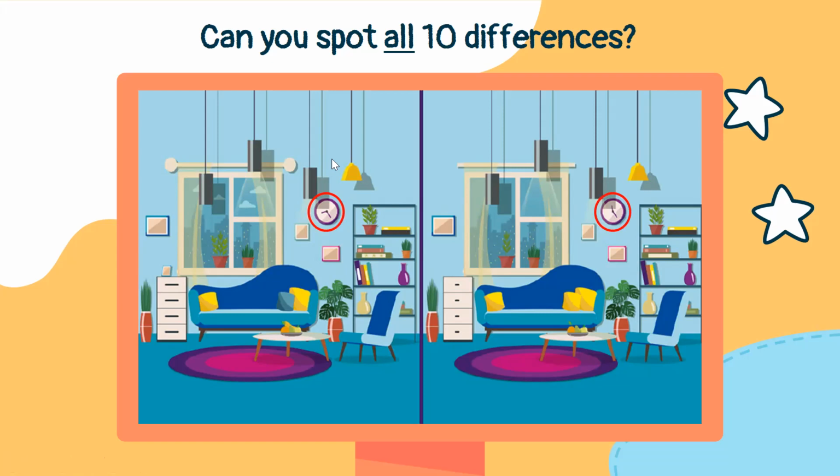Okay, so may I ask for a volunteer for the first one? Let's see, may I ask Kim Nguyen? So I think the difference that I see is in the plate of fruits here.